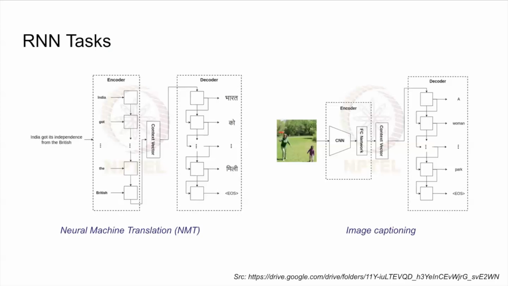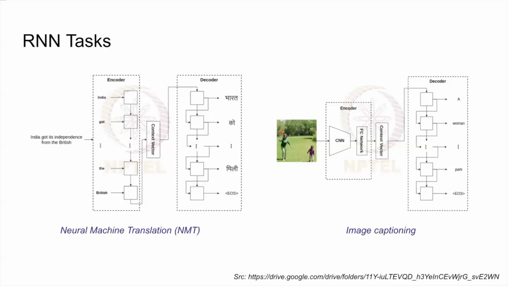From the context vector, we use a decoder, and that decoder is responsible for generating the caption. If you look at this image, there is a woman playing catch with her son. A general caption would be "a woman is throwing a ball at a park".